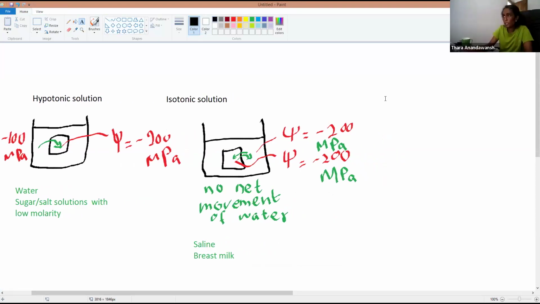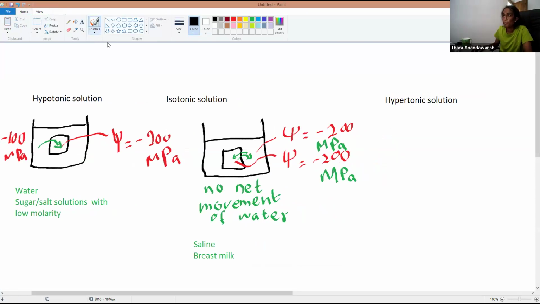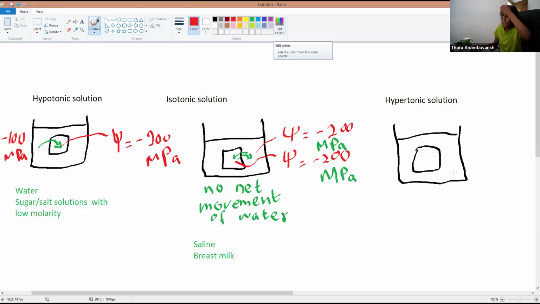Right. I'm now going to the hypertonic solution. I'm going to draw that. Here is the solution. There's a cell inside that. I would say that inside it is having minus 100 megapascals.